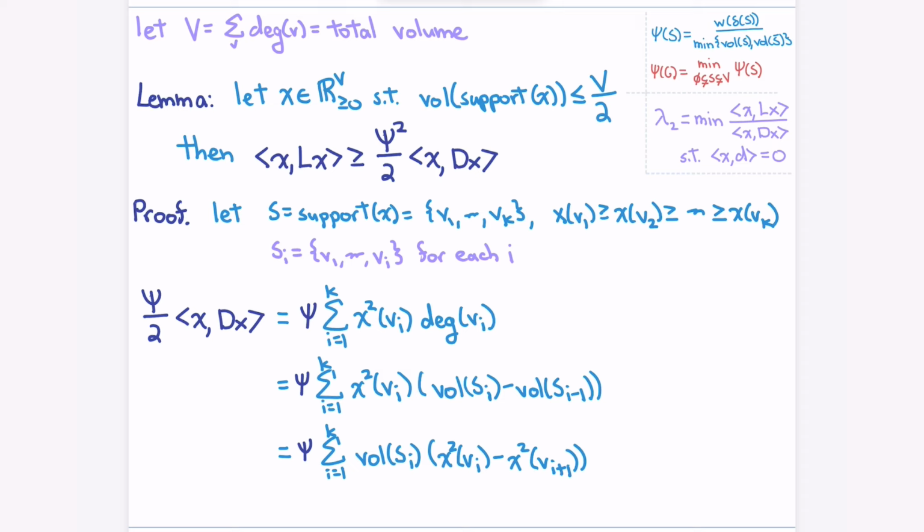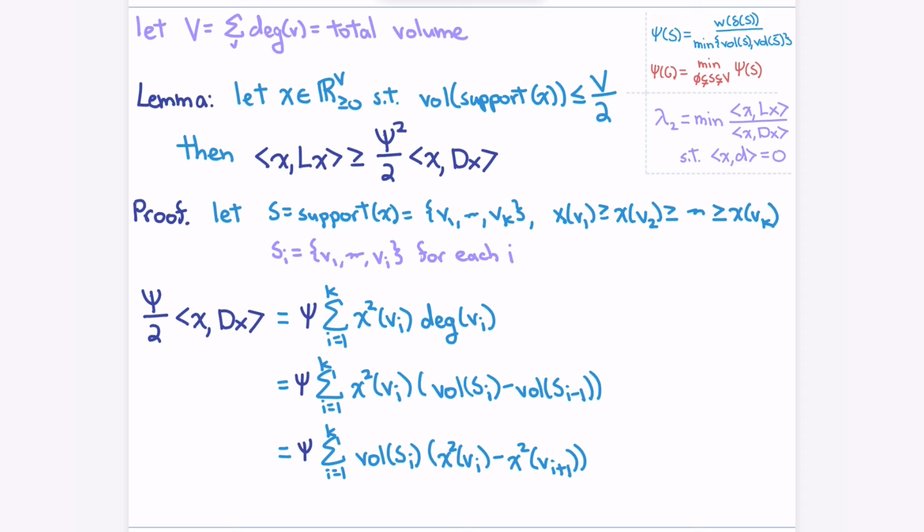How do you describe this? Volume of S I is going to be next to x squared V I, and then from the V I plus 1 term, it's going to appear here with a negative sign. So that's why you get x squared V I minus x squared V I plus 1. And note that V sub k plus 1 is 0 because it's not in the support. So we don't have to add in an extra term or anything like that.